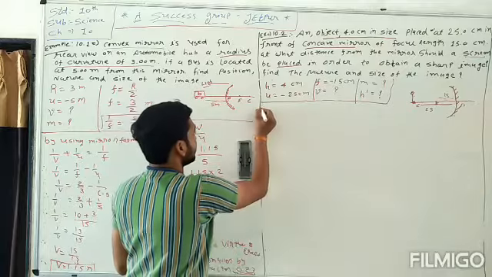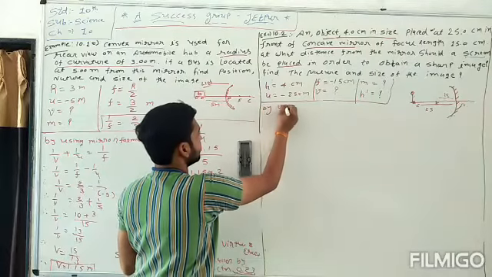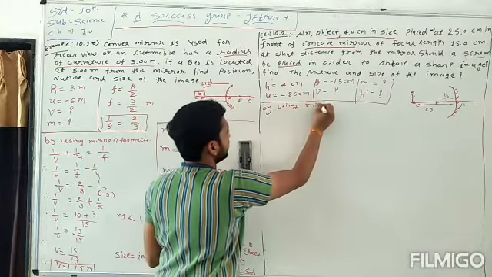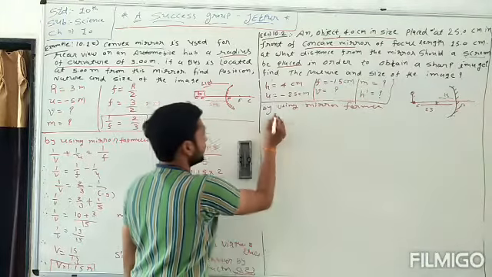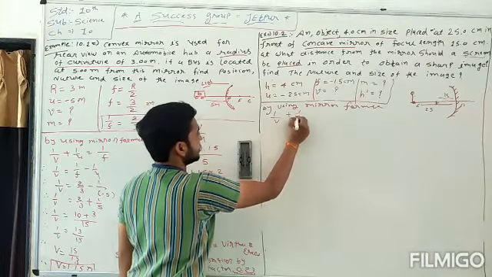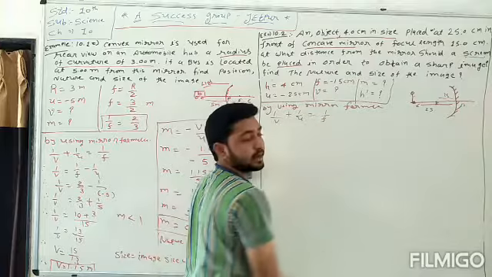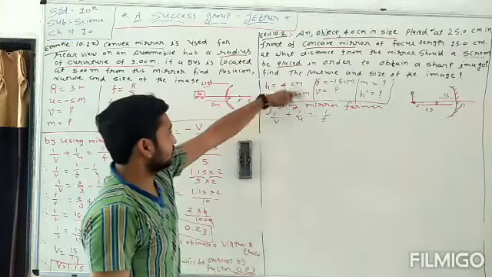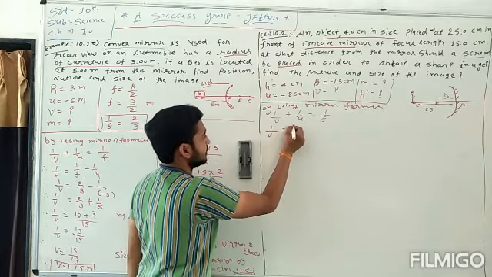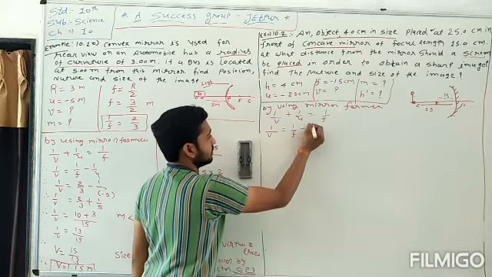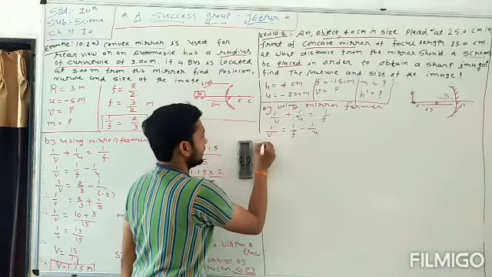Now by using the mirror formula. What is the mirror formula? 1 by v plus 1 by u is equal to 1 by f. Put all these values in this equation. 1 by v we have to find. This value goes from left hand side to right hand side.